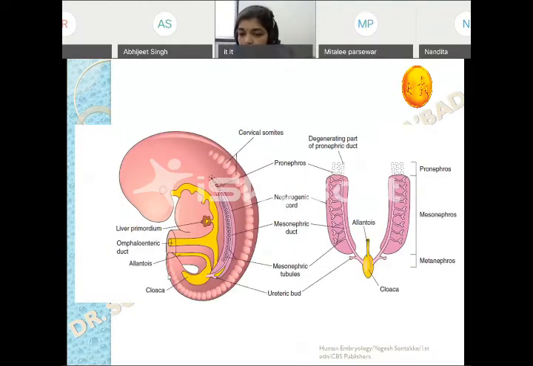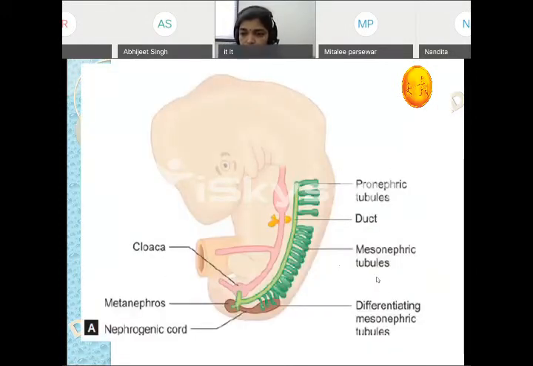This nephrogenic cord extends craniocaudally from cervical to sacral region. Am I right? And it gave rise to three evolutionary stages of kidney: pronephros, mesonephros, and metanephros, which develop in craniocaudal sequence. Okay, so these are the three stages which develop in the nephrogenic cord of the intermediate mesoderm.